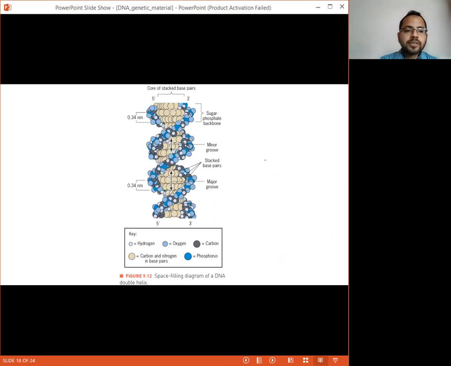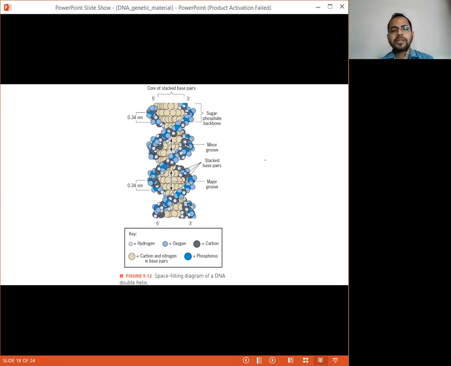Again, the same thing is represented over here. This is a space filling diagram. In bioinformatics, sometimes you'll find this kind of diagram, where different colored spherical or circular symbols are used according to their sizes.